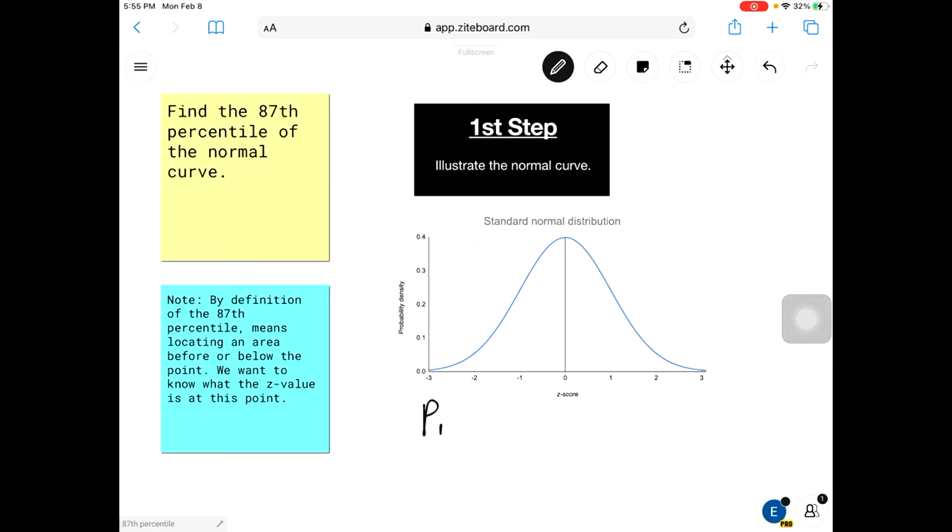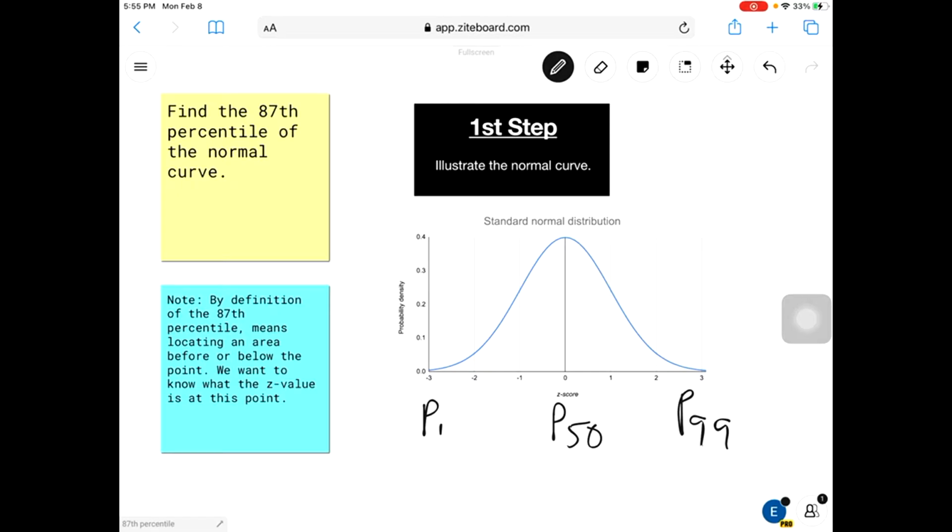So here we have the first percentile, and the 50th percentile will correspond to the mean or the center. And our 99th percentile will be at the rightmost part of the normal curve. So this is now the working normal curve that we will have for the sample exercise.